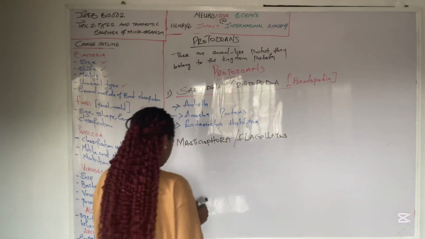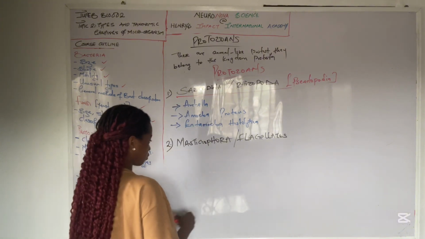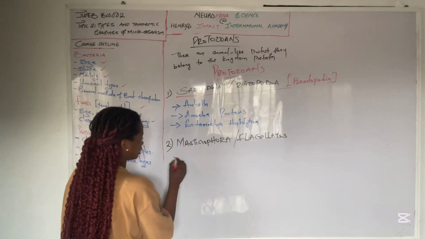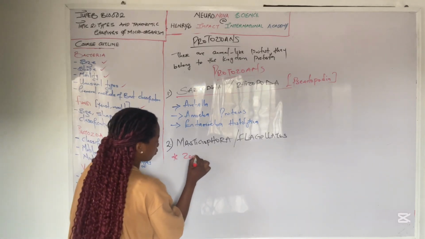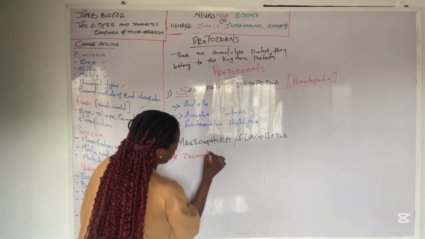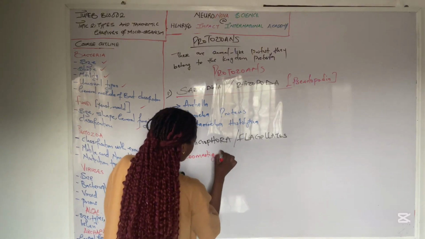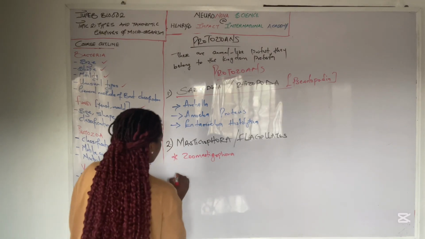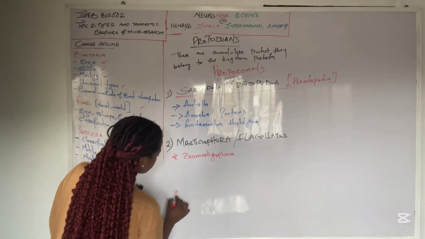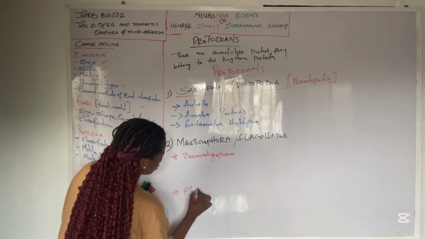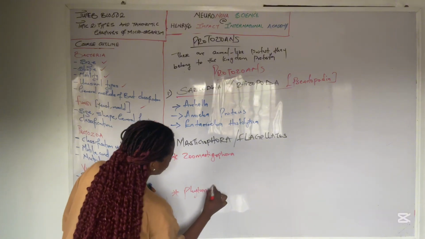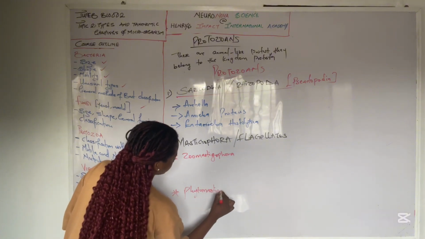They are basically of two major types: the Zoomastigophora, which are the animal-like Mastigophora, and the Phytomastigophora, which are the plant-like Mastigophora.